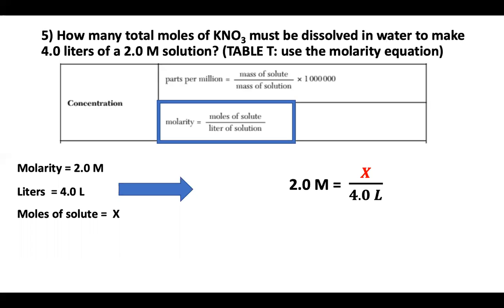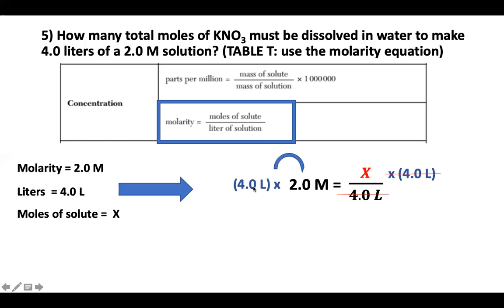We quickly do our little cross multiplication because we need to get X by itself, just like algebra in math class. So we take our 4 liters and multiply it on both sides. On the right-hand side, it's going to cancel out, leaving X by itself.